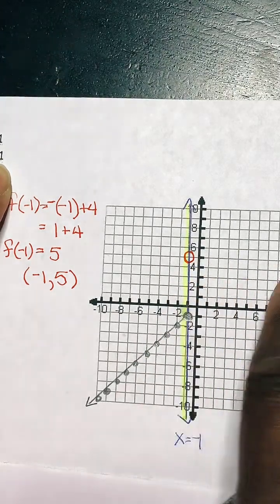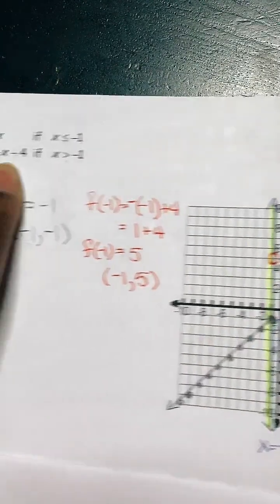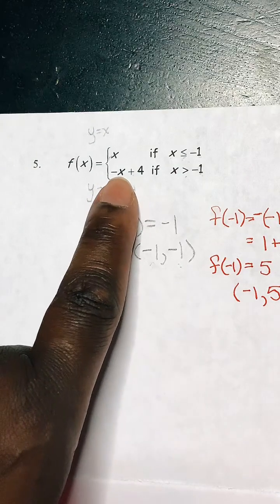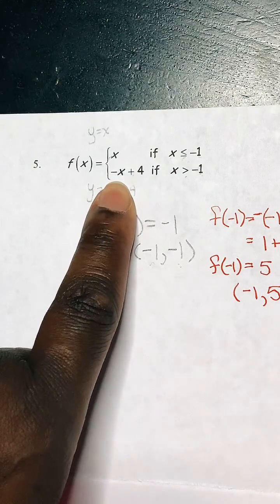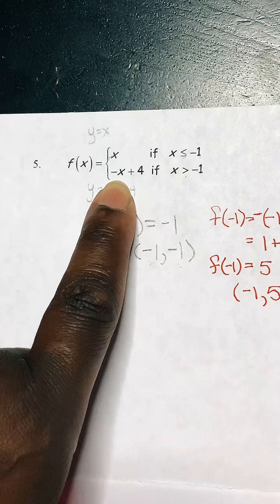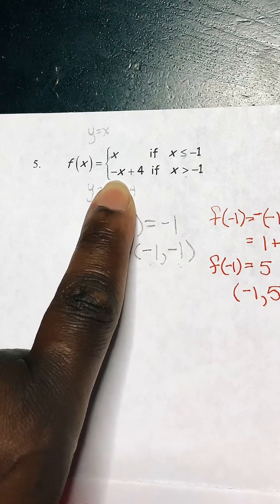So if I'm going to graph just the right side of the boundary line, that means I need to look at the slope of my expression. And what is my slope? Okay, make sure you get the signs.